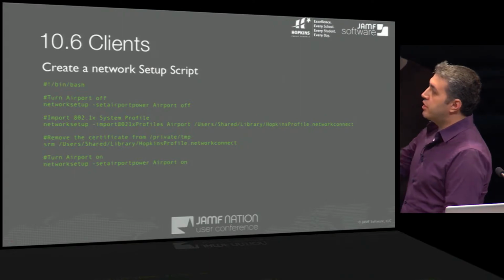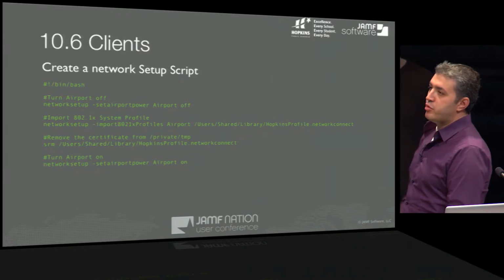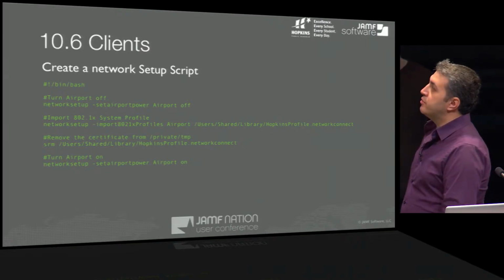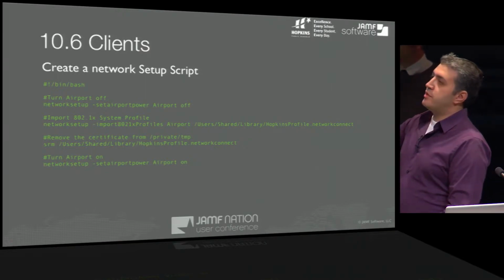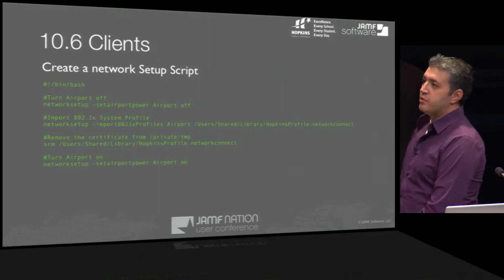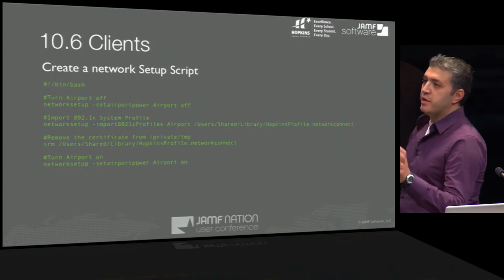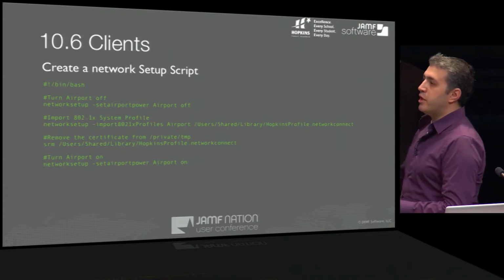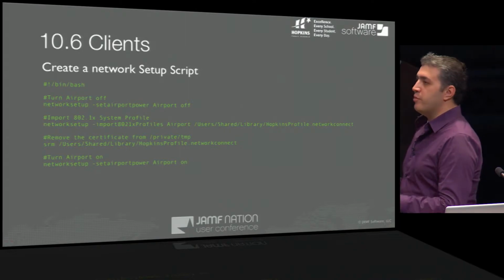Once it's done, we remove the profile from the temp directory and turn the AirPort back on. So this will create the system profile on the 10.6 client. And the reason we're going with the system profile is so that the computers can sit at a login screen, and we can still communicate with the computer from the JSS or from ARD or whatever.